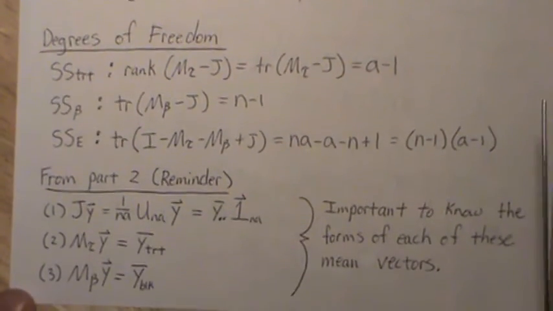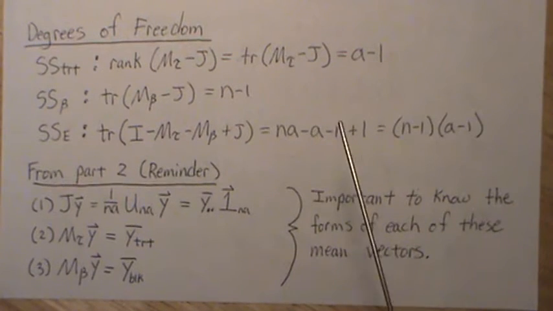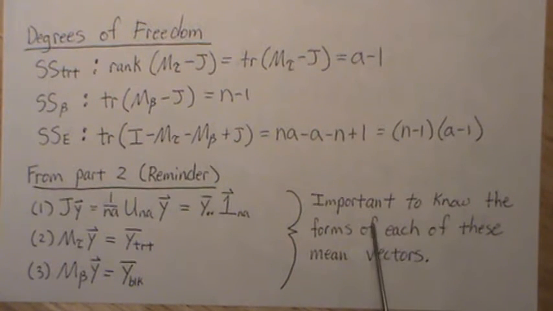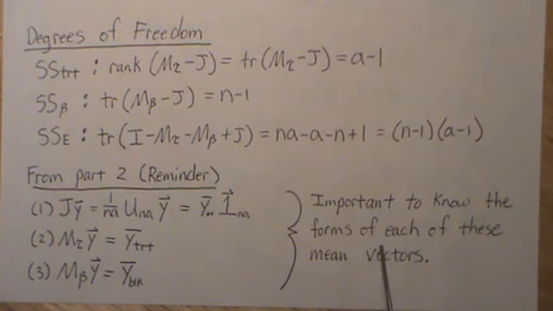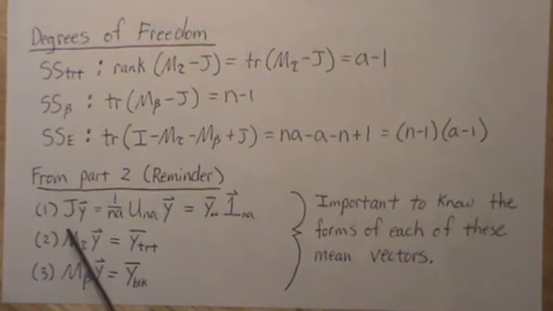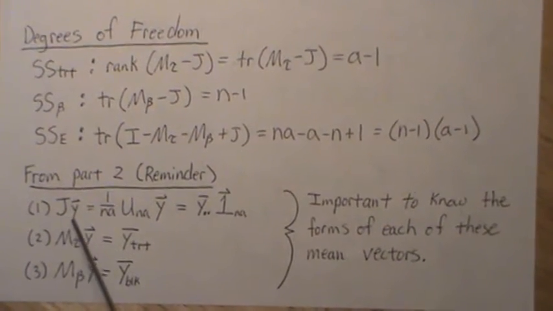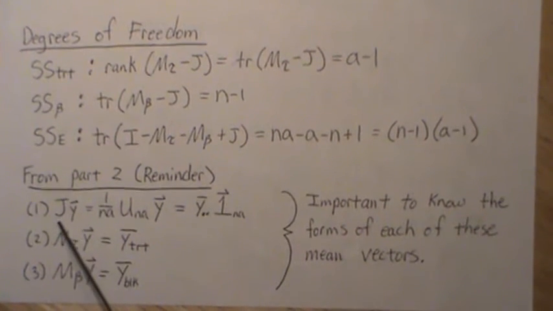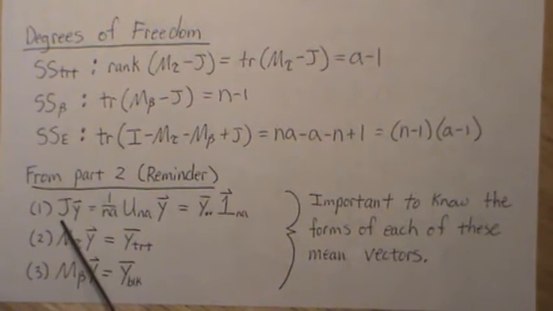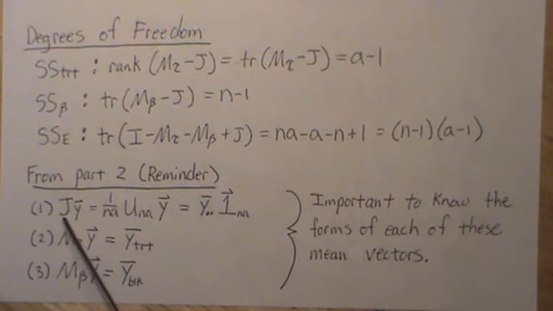Now, as a reminder, and I put a note over here, it's important to know the forms of each of these mean vectors, which we looked at in a previous part. So this is J times y. Remember, this is a perpendicular projection matrix on the column space of 1. So when we pre-multiply something by J, it's going to shove it down onto that column space of 1, which is a constant vector.